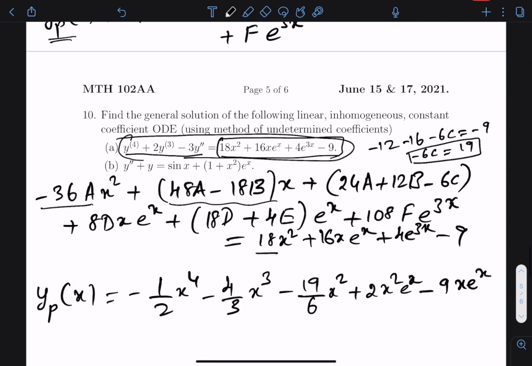And finally f, 108 f equal to 4. So f is 4 by 108, which is 1 over 27 e power 3x. This is the particular integral.